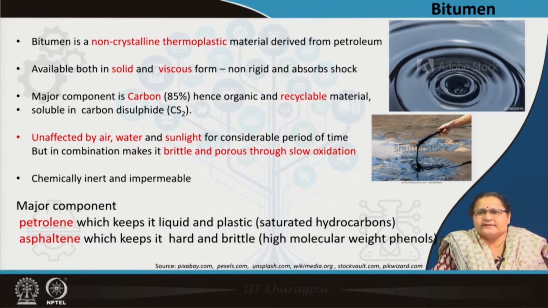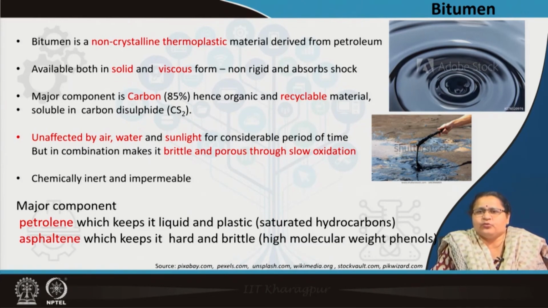There are two parts, one is petroleum, other is asphaltene. The petroleum is the liquid or the plastic part which is saturated hydrocarbon, and the asphaltene is the hard and brittle part which is having high molecular weight phenols.